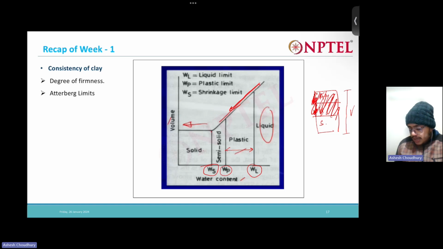The soil will keep on drying out. So here it is a completely dry state. This total volume doesn't change from here. So that's why the shrinkage limit is the point up to which the soil is completely saturated. Below the shrinkage limit, the soil is no more fully saturated, and at 0 water content, obviously it's completely dry.